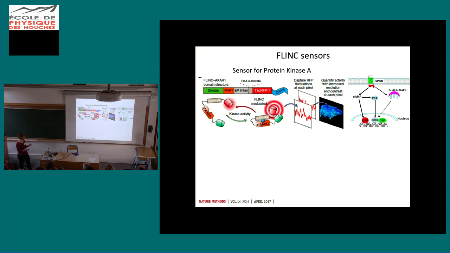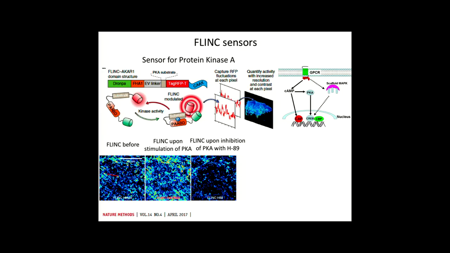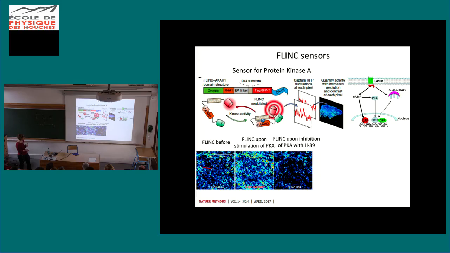So it's a really important signaling molecule, signal transducer. And in making a sensor, what they found is that if you measure the fluctuations before you activate the kinase, you would see something like this. When you then stimulate the kinase, you see an increase in signal. That's an increase in these fluctuations, which suggests an increase in PKA.